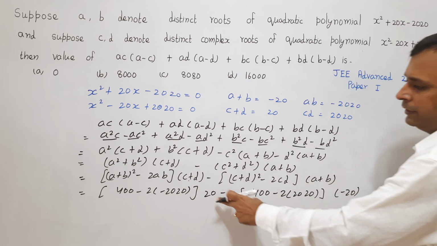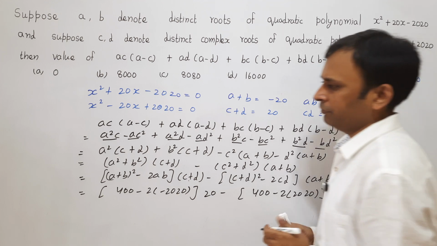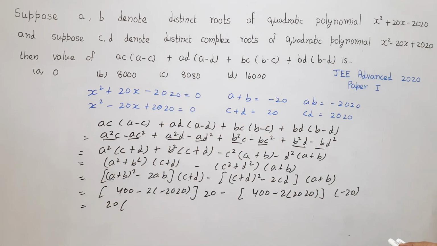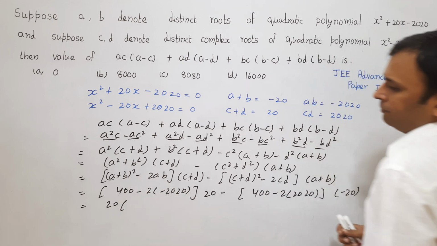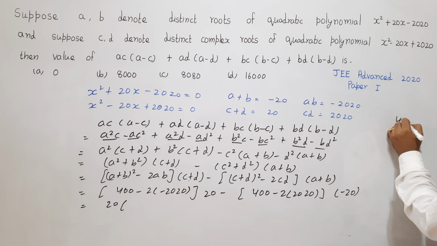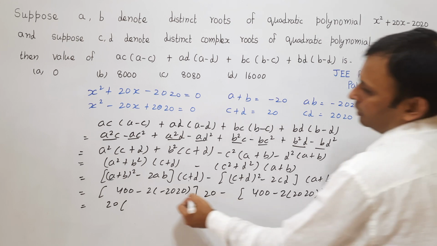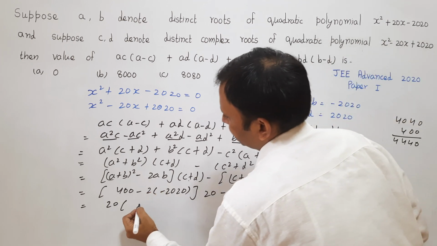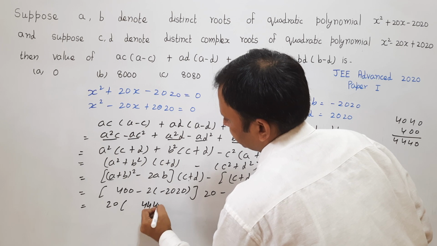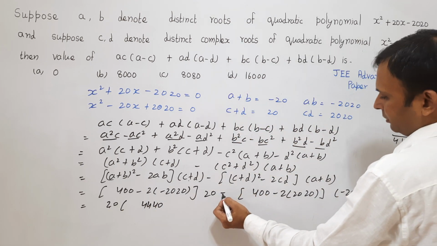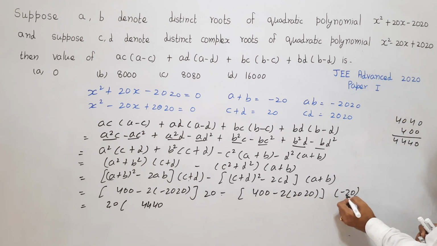So I can take this 20 as common. If I take this 20 common, what I am left with is, here if you see, this is 400 plus 2 into 2020, which is 4040, plus 400 will give me 4440. So this value becomes 4440. Here I am taking 20 common, and this minus and this minus will be plus.